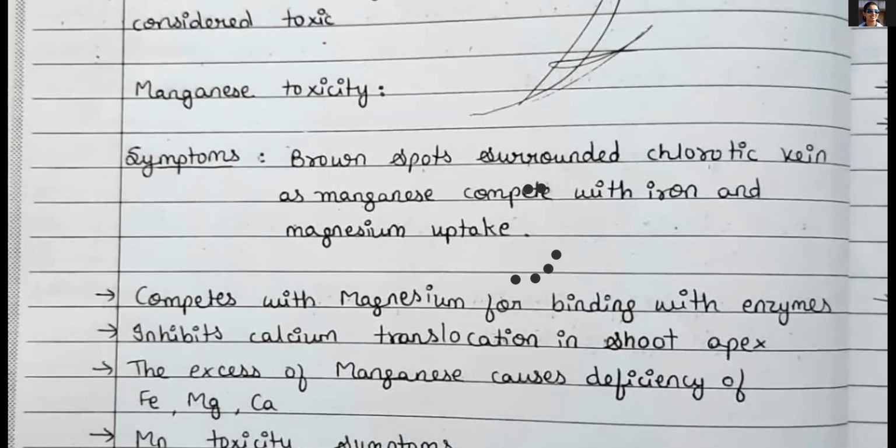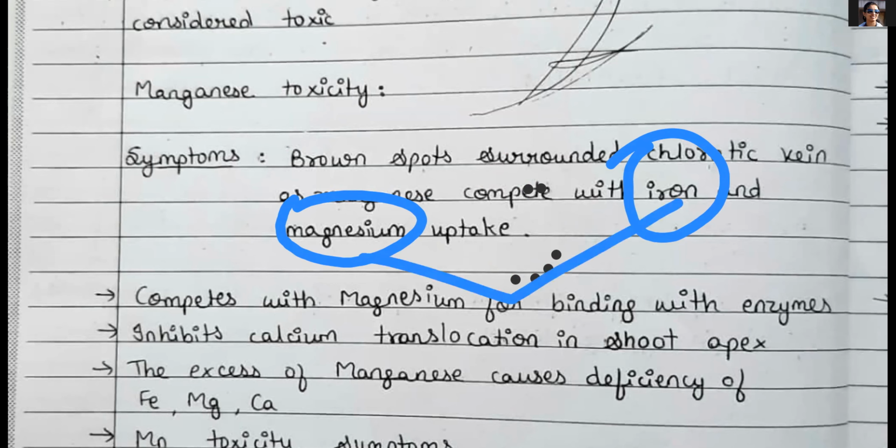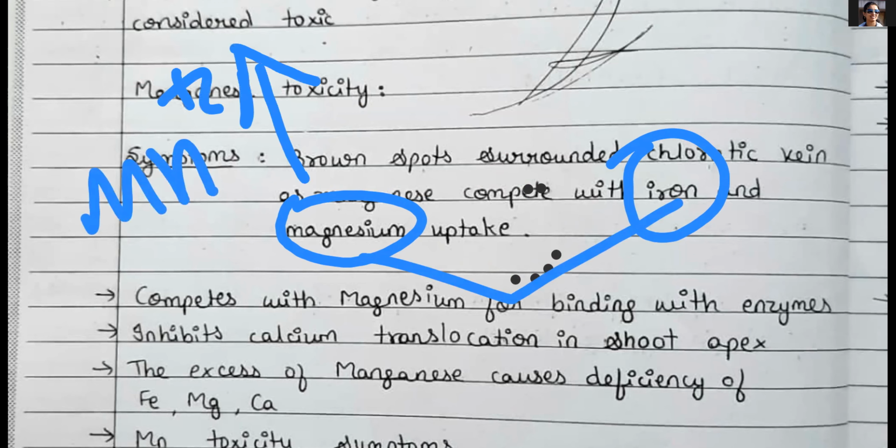Now manganese competes with iron and magnesium uptake. Manganese toxicity means the manganese concentration is already high, and that inhibits the uptake of iron and magnesium. So if manganese concentration is high and leads to toxicity, it affects the absorption or uptake of iron and magnesium.